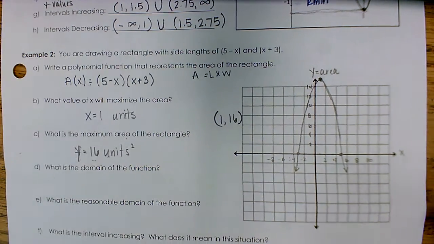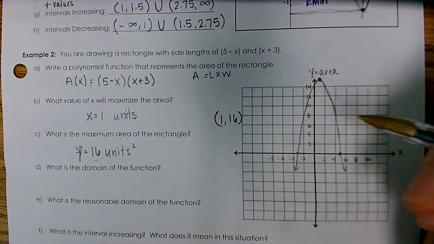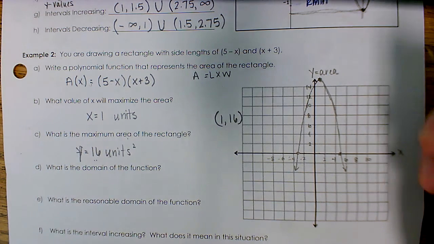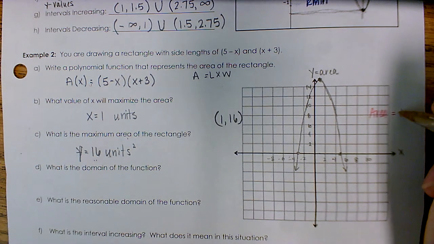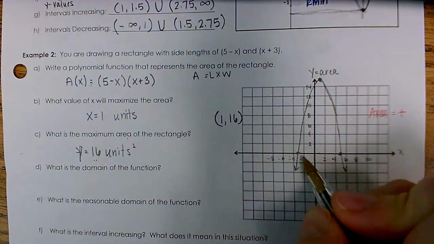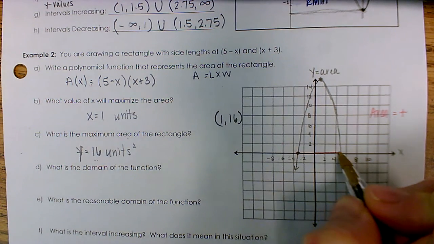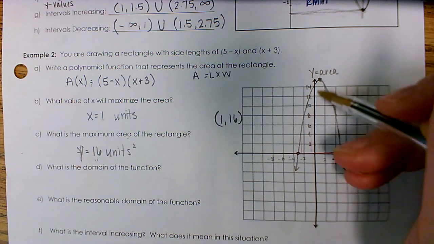So what is a reasonable domain? Well, a reasonable domain is what makes sense in the context. Y is your area, right? Area is always positive. Area has to be positive, right? We have to have a positive number for our area. So really a reasonable domain would be from here to here, because these values keep everything up in this area, right?